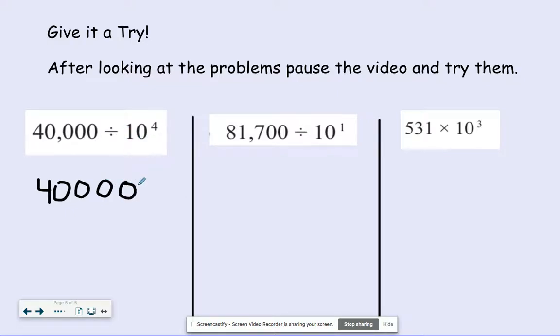We're dividing so the number gets smaller by 4 spots. So our answer for the first one is just 4 because the decimal moved all the way up to where the 4 is.